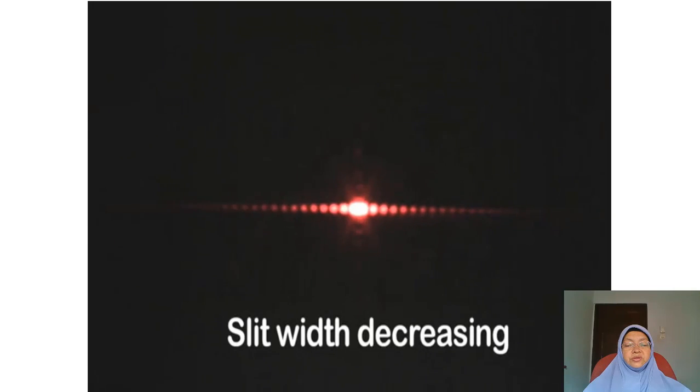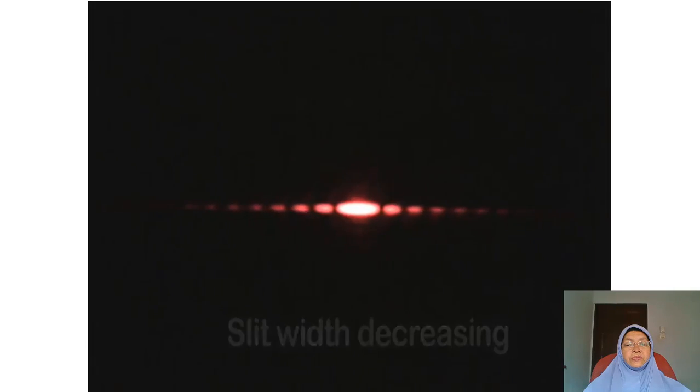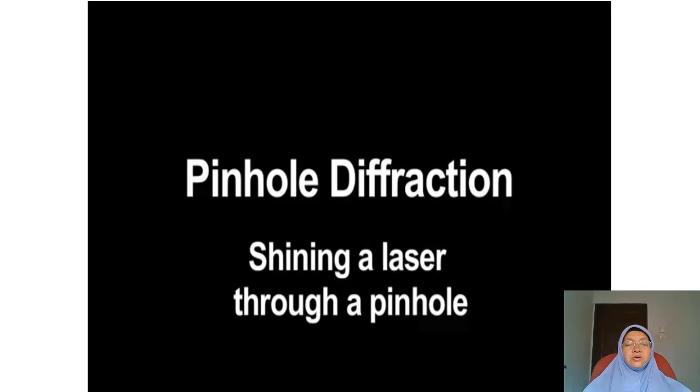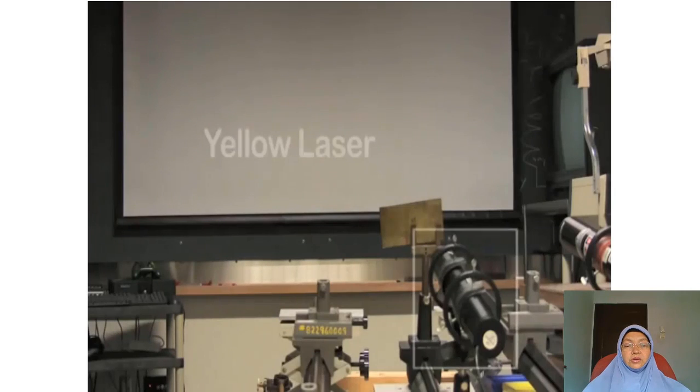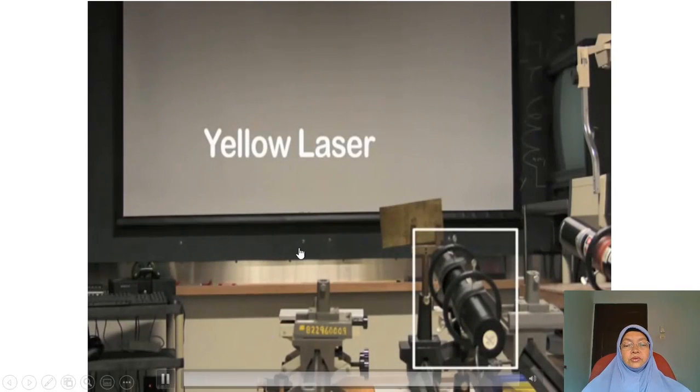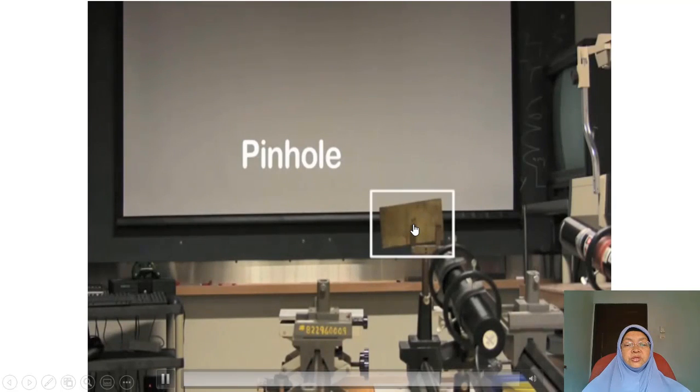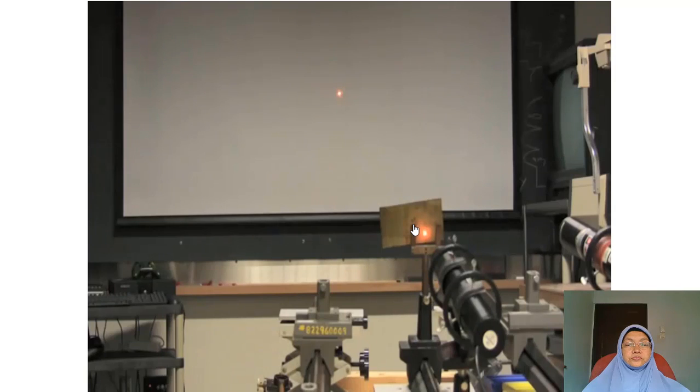Slit with decreasing width. Now we use a pinhole diffraction, shining a laser through a pinhole. This is the laser, this is the pinhole. What can we see on the screen? We have to do the experiment in the dark.